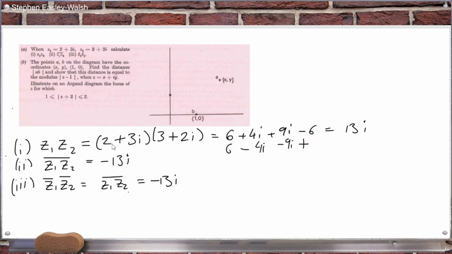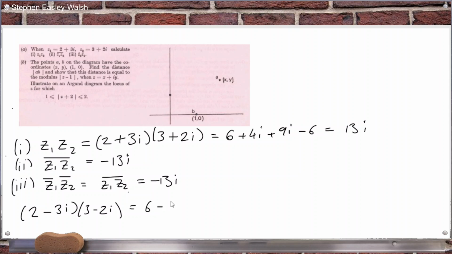Maybe I should multiply it out just to confirm that I'm not making any mistakes. 2 plus 3i times 3 minus 2i. That's 6 minus 4i. Oh, I forgot to conjugate the first one. Two minus 3i times 3 minus 2i.